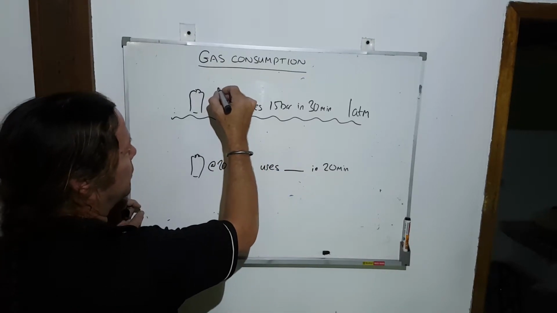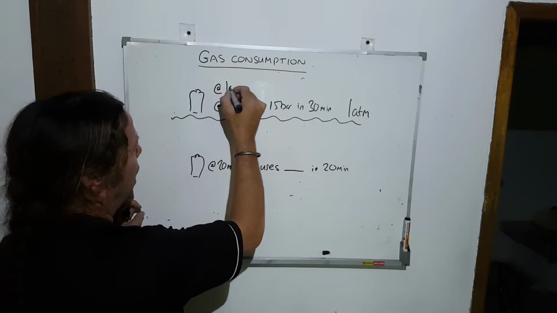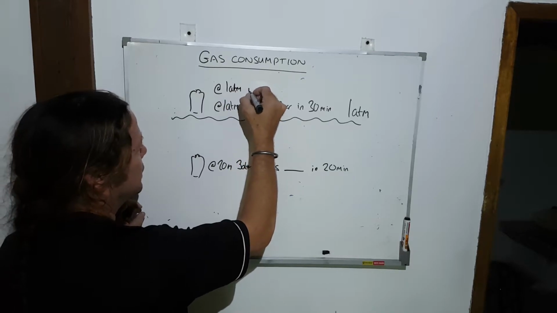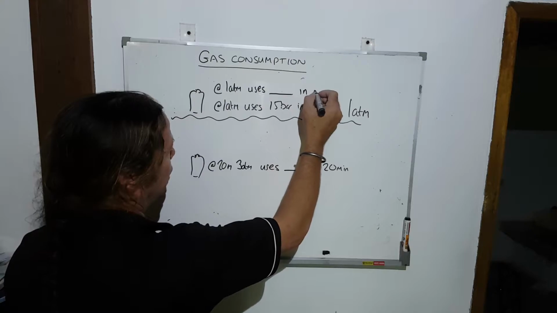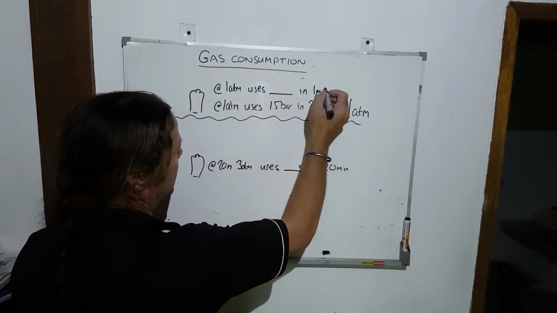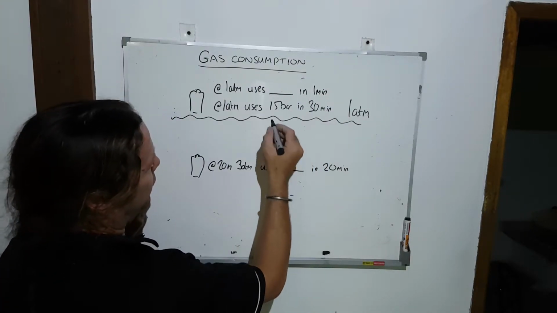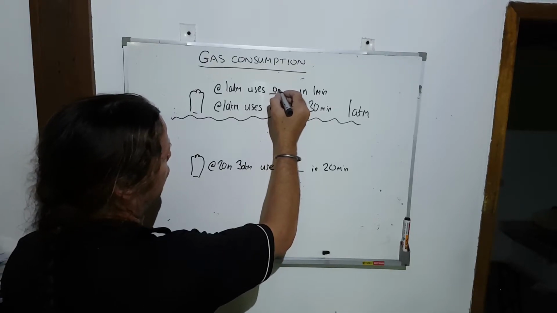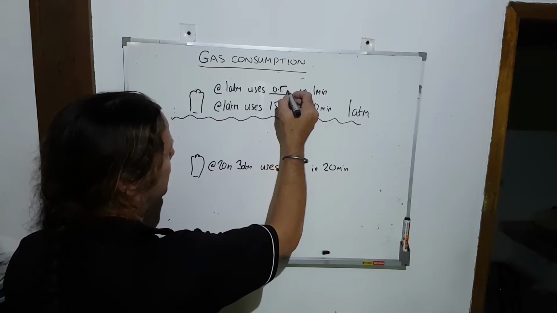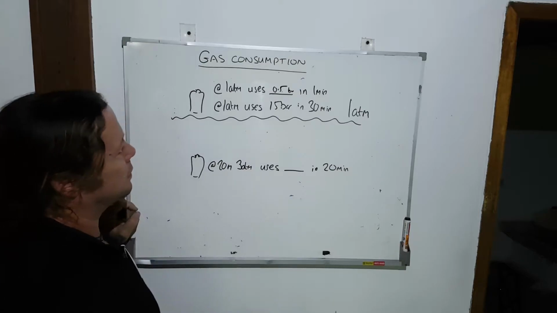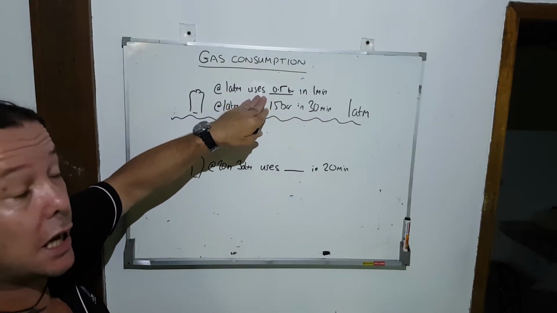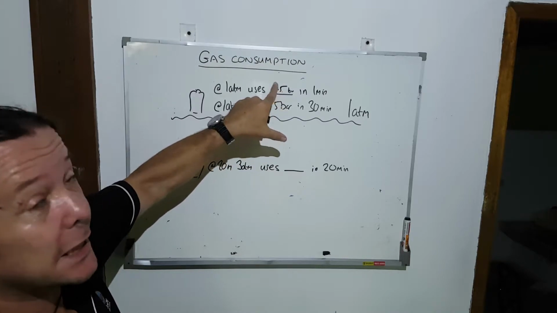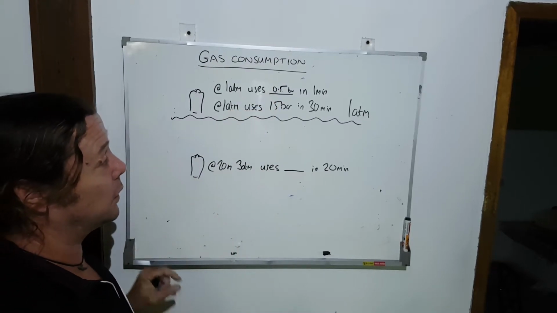So up here, I'm going to write next to this, at 1 atmosphere, he uses in 1 minute 15 divided by 30, which is 0.5 bar. Cool. So that's my SAC, and as soon as I know the size of my tank, I can work that out in litres, which is what they want in technical diving.